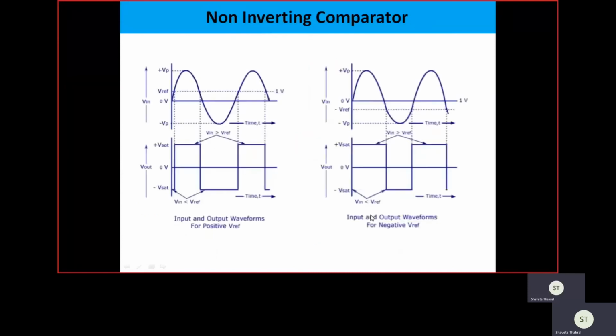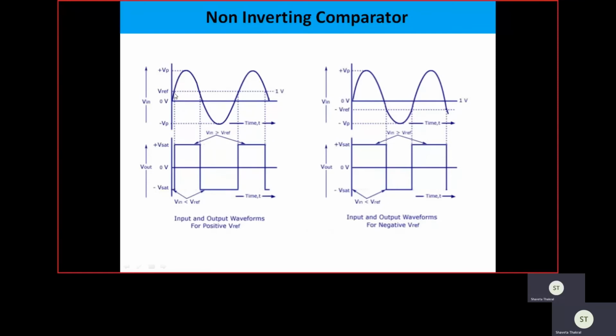We can see here the waveform. This is the applied input signal, the V input signal, and the reference is the value we have taken with the dotted line. So this is the reference voltage. The input signal from this point to this point is less than V reference.